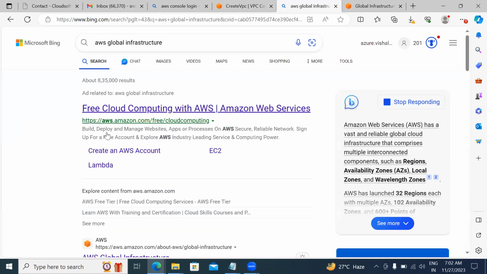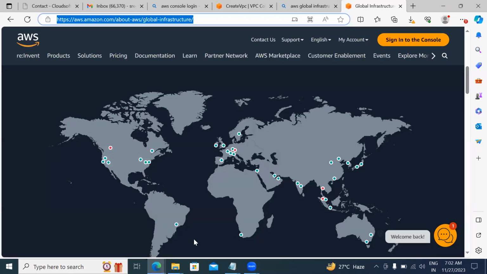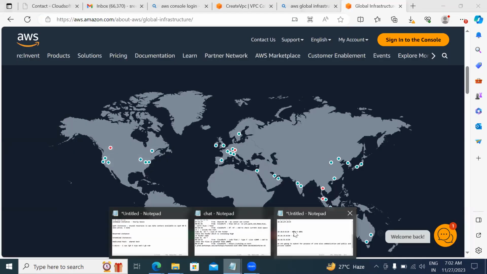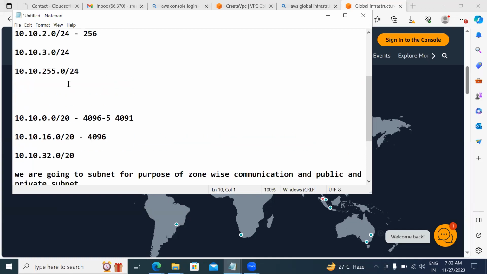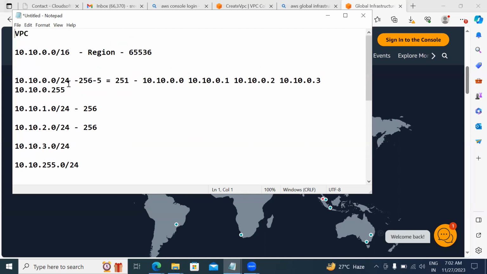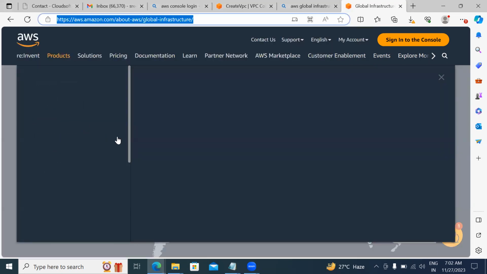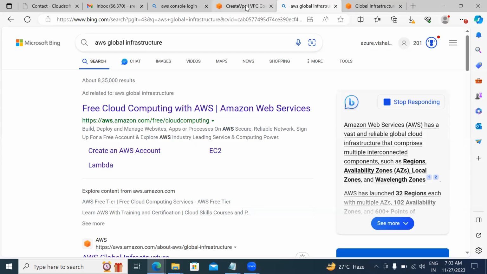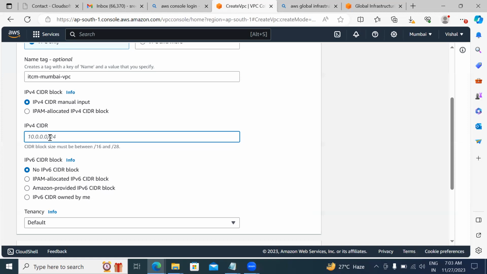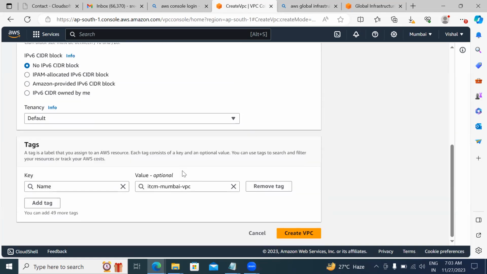Okay, then here what is the CIDR we decided? So 10 dot, this is the CIDR we have decided. And as of now, we are not going to give IPv6.